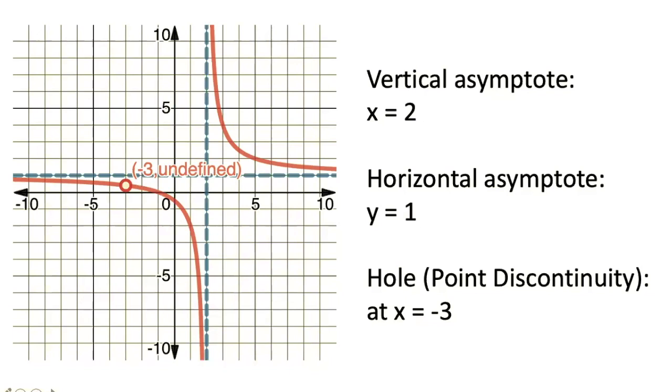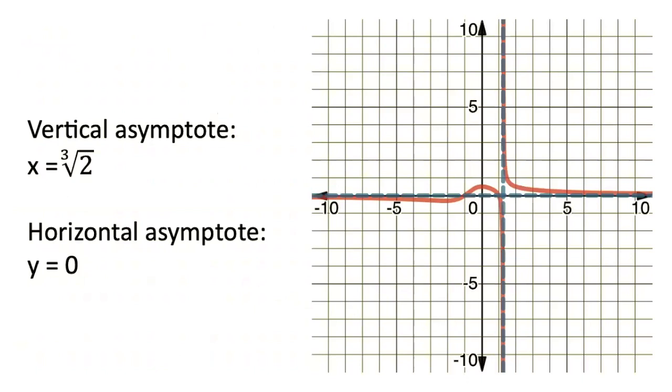And notice it has a hole or a point of discontinuity at x equals -3. That's because that value causes a division by zero error. So it does not exist, and therefore there's a hole in the function. This graph has a vertical asymptote, and it happens to be at x equals the cube root of 2.